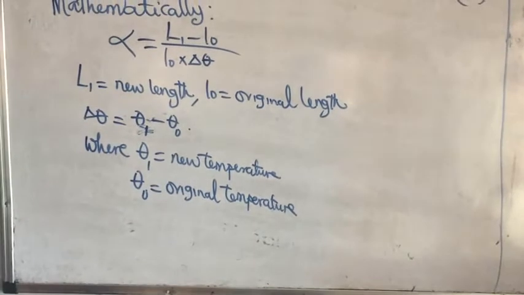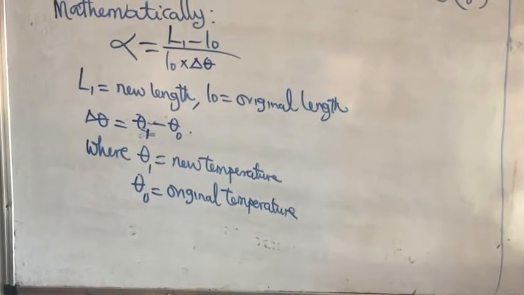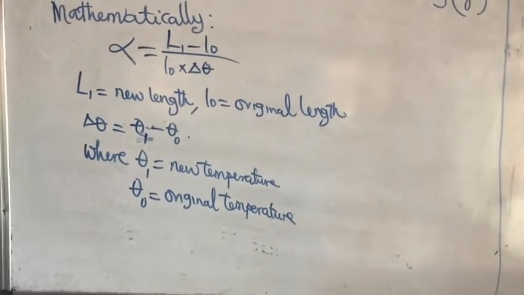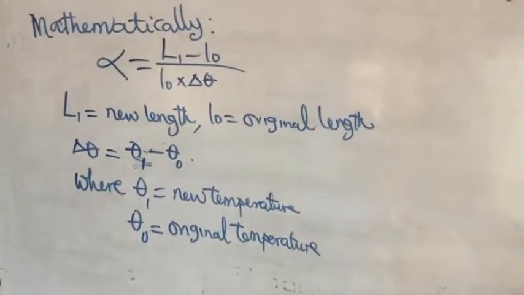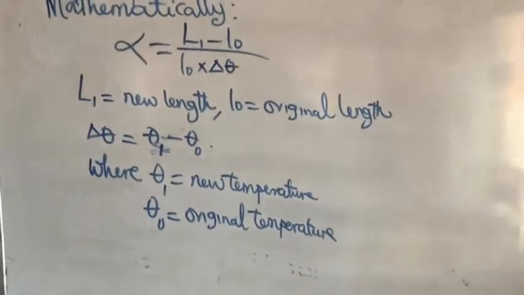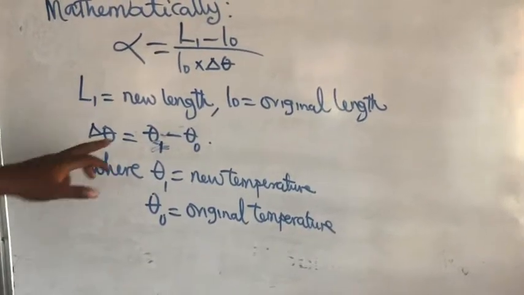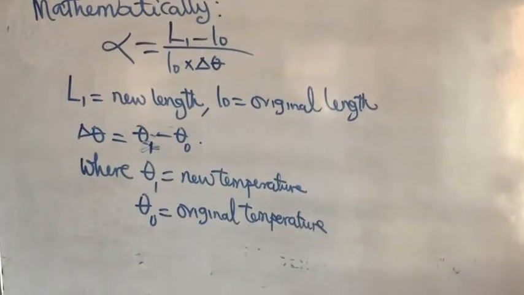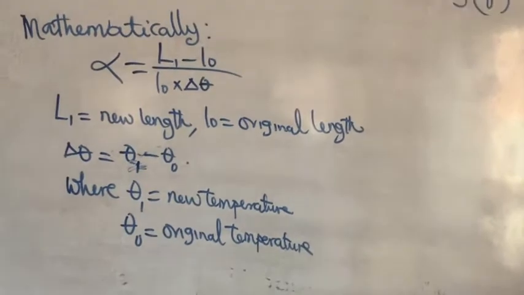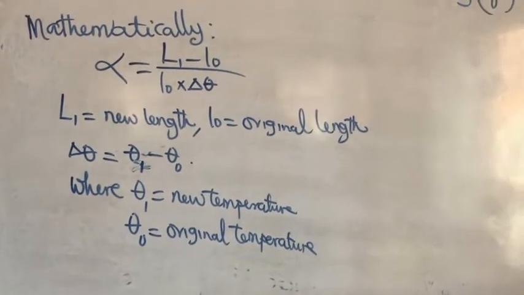If, for example, when you put your thermometer, it reads 10 degrees Celsius, that shows your theta 0 is 10. Then after heating, maybe you heat up to 80, and when the water becomes hot, you put the thermometer and it gives you 80 degrees Celsius. That means your theta 1 becomes 80 degrees Celsius. So understand what I mean by that. Original simply means what it was before you start heating it.